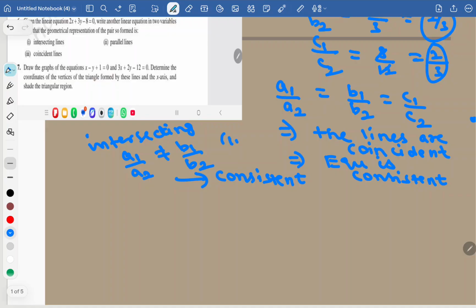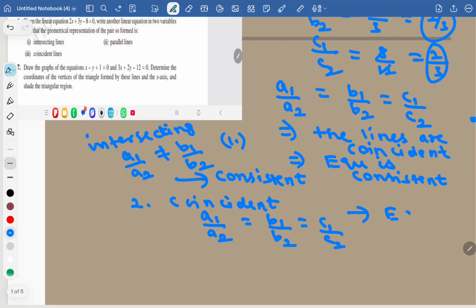This is first case. Second case, when the lines are coincident, when will this happen? a1 by a2, b1 by b2 which is equivalent to c1 by c2. Here equation is consistent.